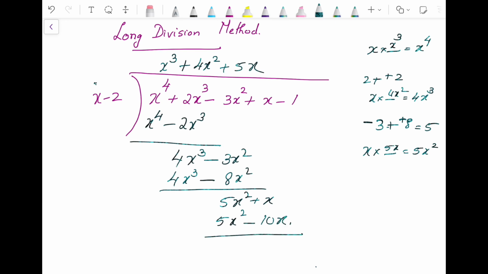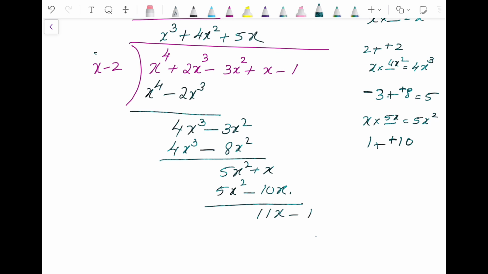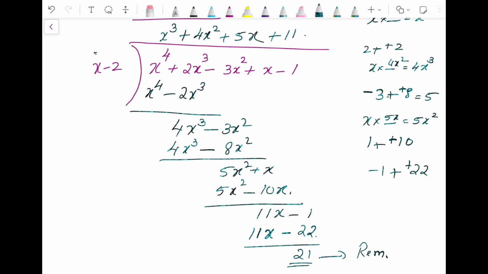Again, 1 minus minus 10, so 11x minus 1. So, plus 11. So, 11x minus 22. So, minus 1 minus minus 22, it will become 22 minus 1, 21. So, this is the remainder. And this is the quotient.